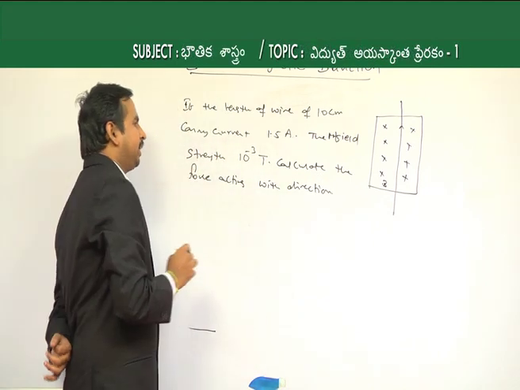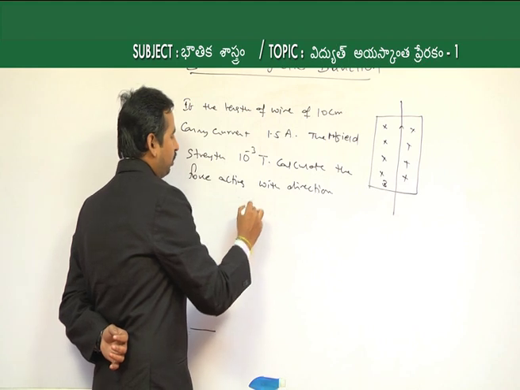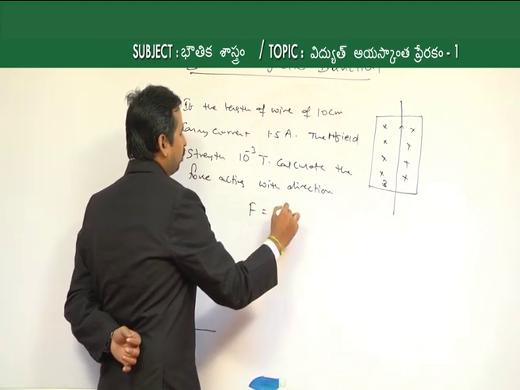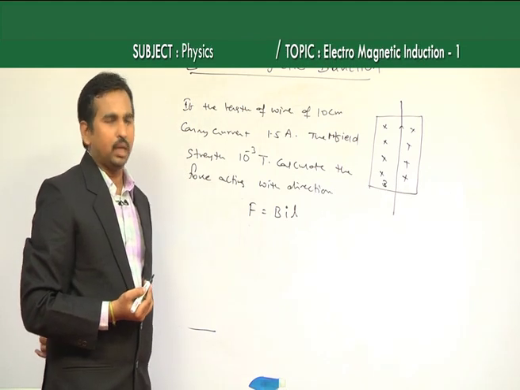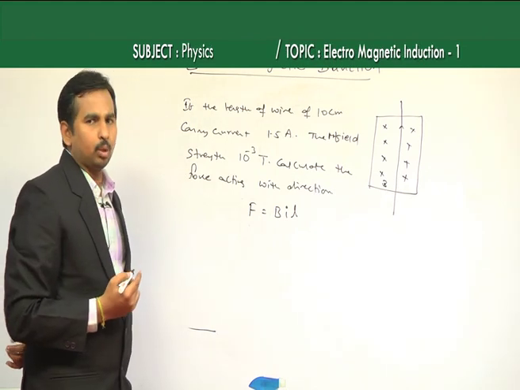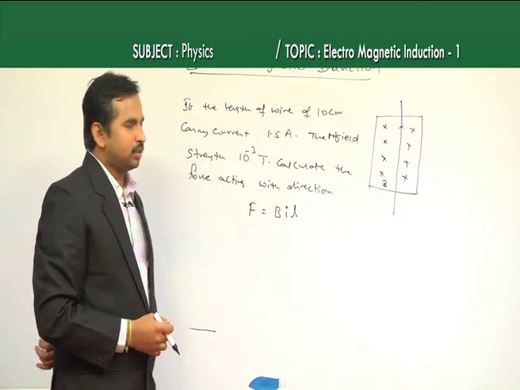Okay. Now the formula we already know is force F is equal to B into I into L. As F is equal to BIL, because here I am taking both perpendicular to each other, that is why the maximum force is acting.